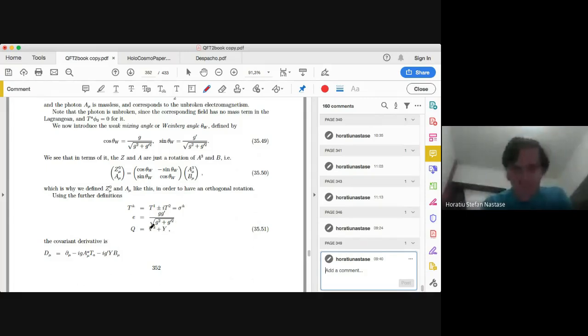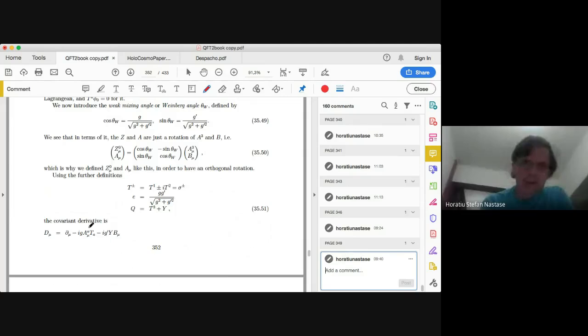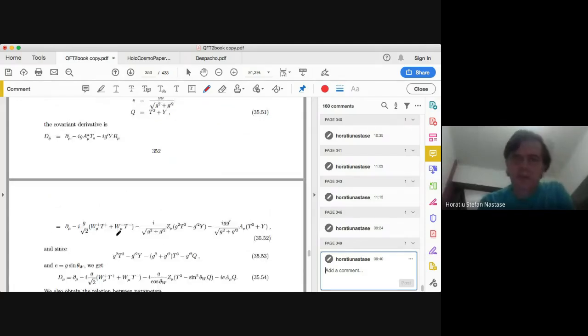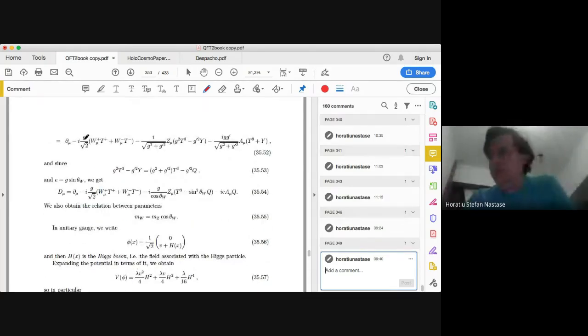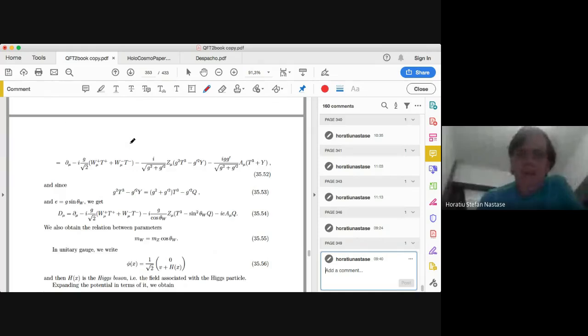Okay, then the covariant derivative, which was del mu minus i g A mu a T a minus i g prime Y B mu, is now rewritten as del mu minus i g over square root of 2, W mu plus T plus, W mu minus T minus, for the W's.